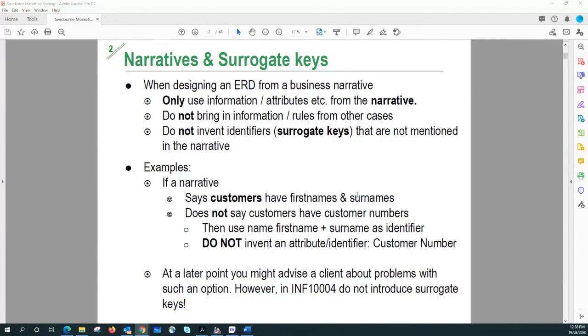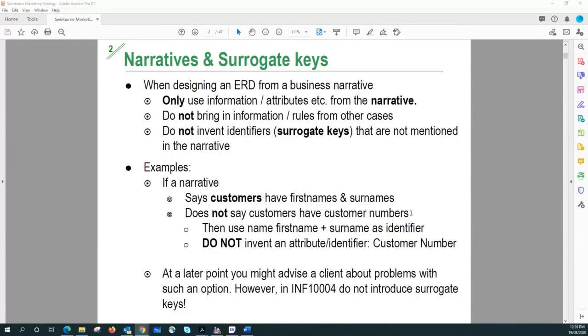For example, if the narrative says the customers have first names and surnames, don't invent any key such as a customer number if it is not mentioned, right? In this case, the best primary key that we can assume is a combination of first name and surname.